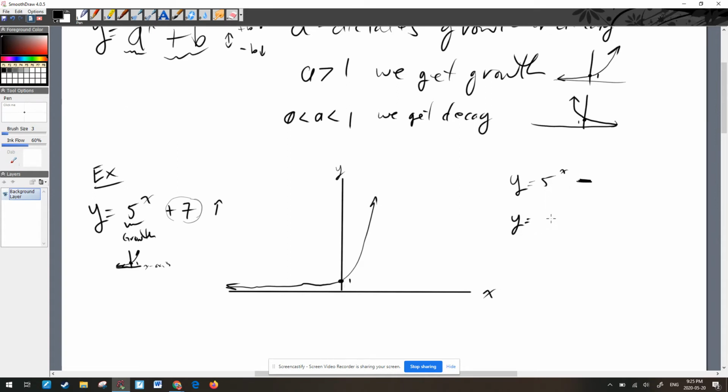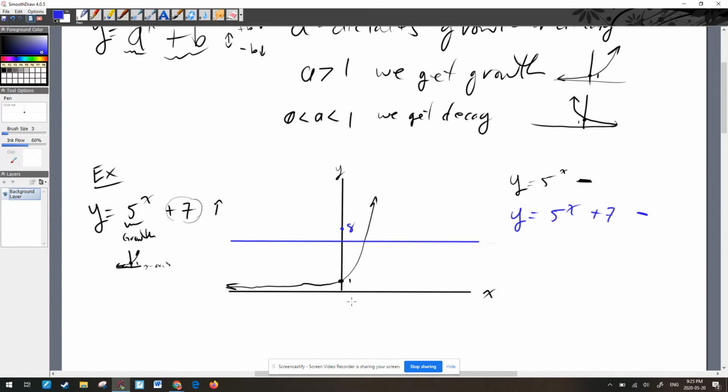Now I'm going to do y equals 5 to the x plus 7 in blue. I like blue. So it's going to take those important points and move them up 7. Instead of the y-intercept being 1, the y-intercept is going to be up here at 8. And instead of it getting asymptotic to the x-axis, I'm going to draw in this line.